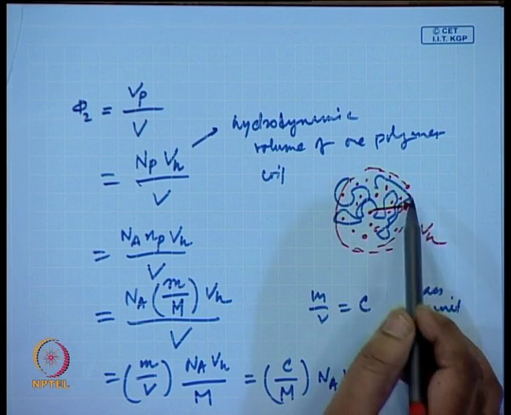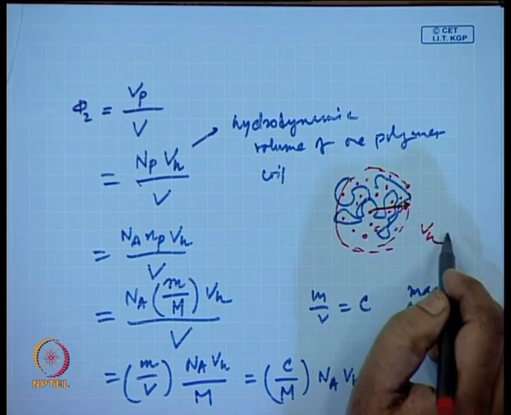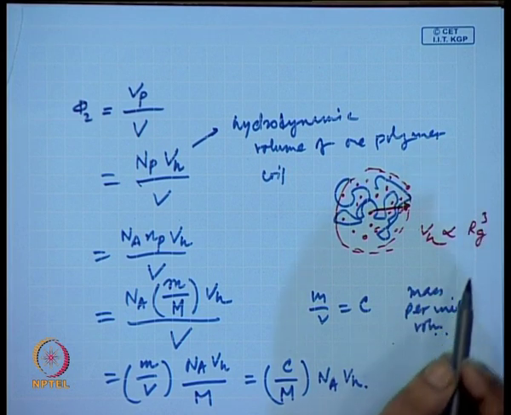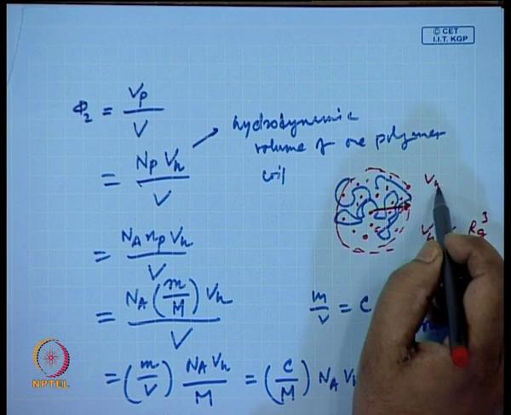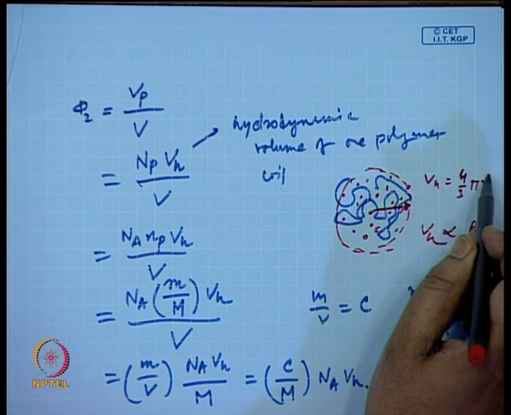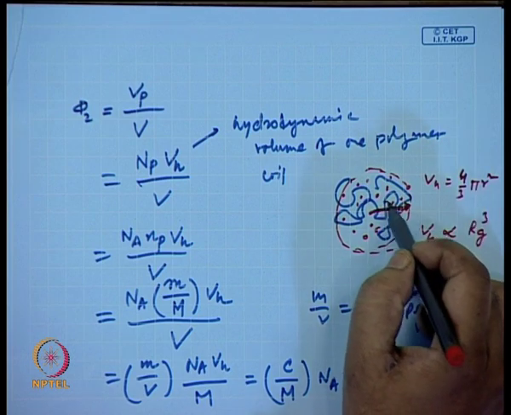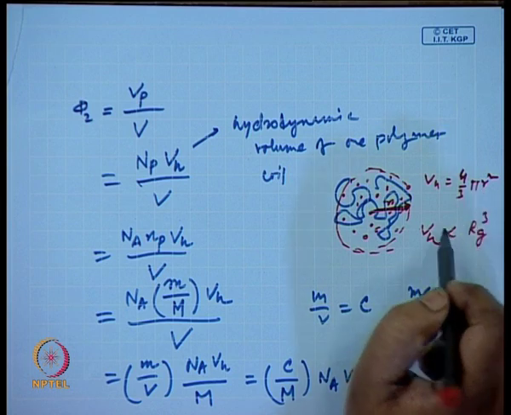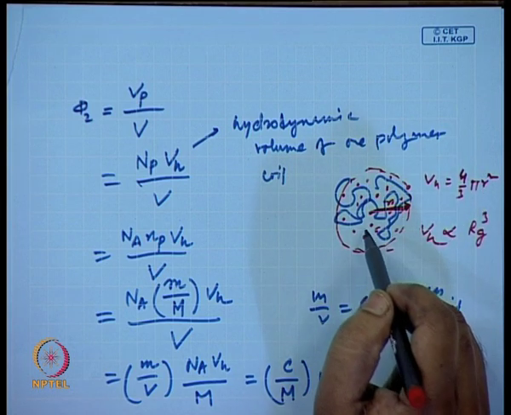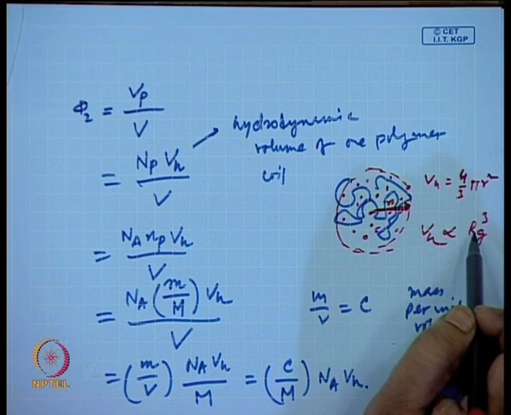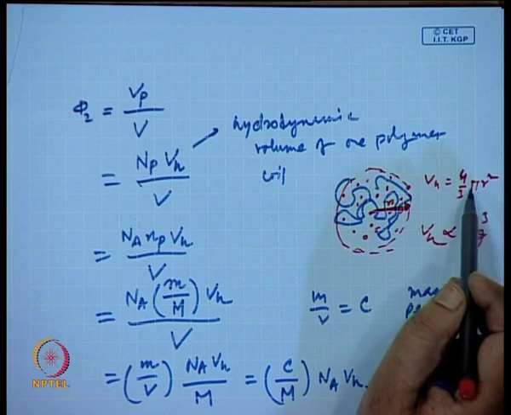So, the volume VH would be proportional to R cubed, the volume given by 4/3 pi R cubed. R is this R. Now, this R we said is proportional to the radius of gyration. If you recollect our discussion in the definition of radius of gyration, these are very close.